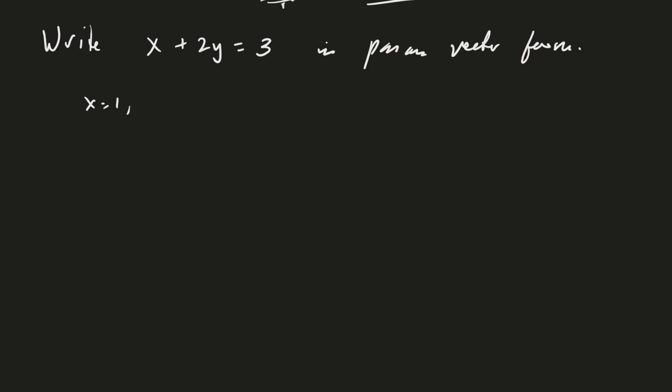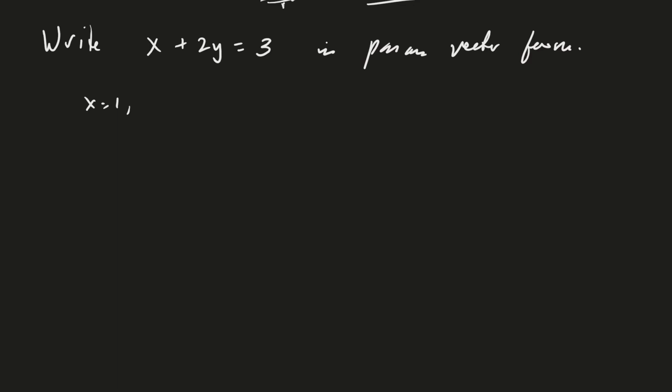Okay, so just as an example, x plus 2y equals 3 in parametric vector form. Go ahead and pause for a moment. Okay, so if I let x be equal to 1, can I get y then?